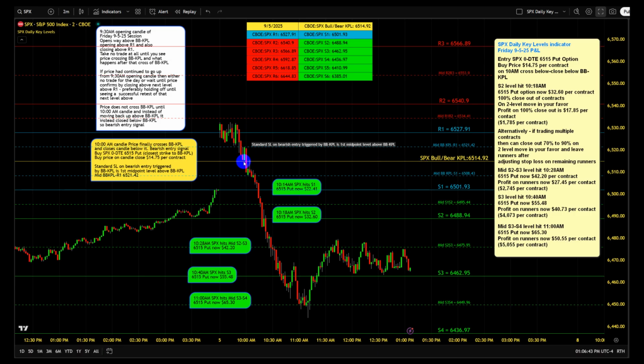So you would buy a 0DTE SPX 65.15 put option, and the price on the close of this 2-minute candle here is $14.75 per contract, so that is $1,475 per contract.